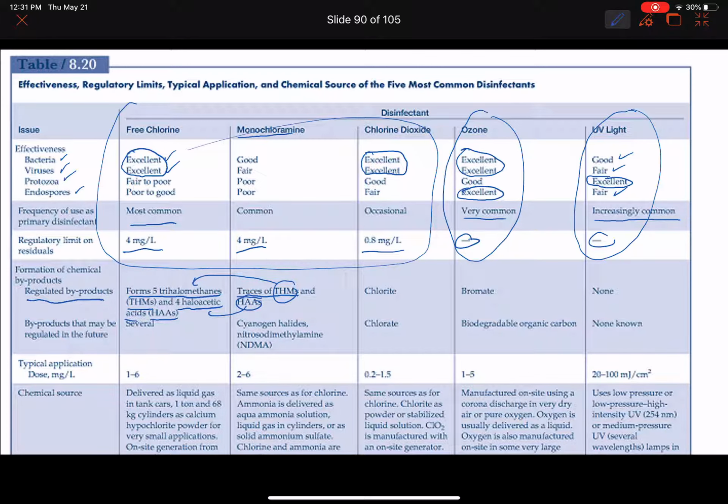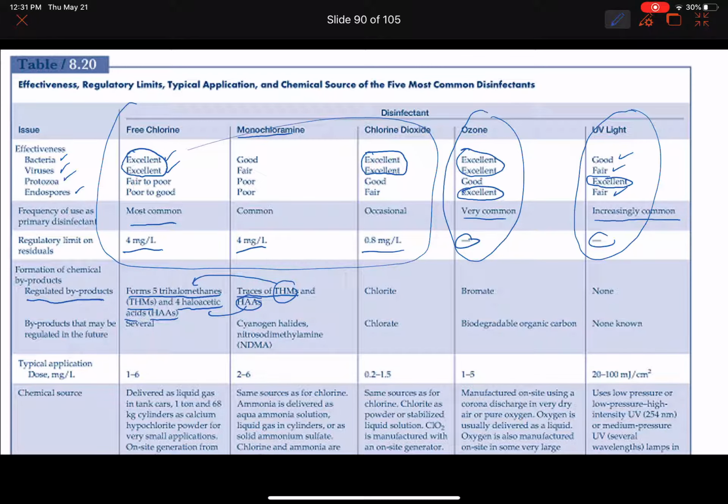Byproducts that may be regulated in the future, there are several. Here we are thinking of monochloramine, cyanogen halide, and NDMA. Chlorate will also be regulated in the future, and biodegradable organic carbon for ozone, and still nothing is known for UV light to produce, even for the future.